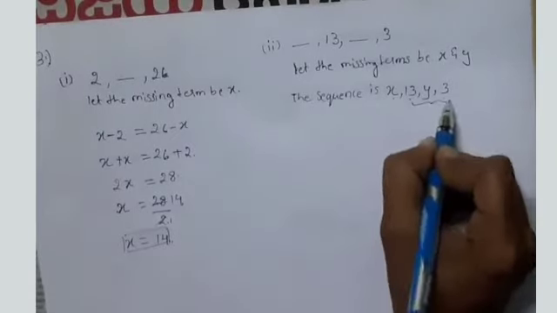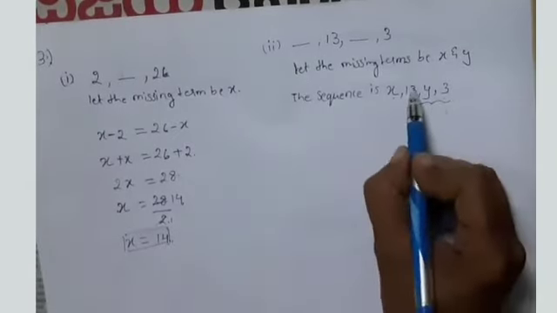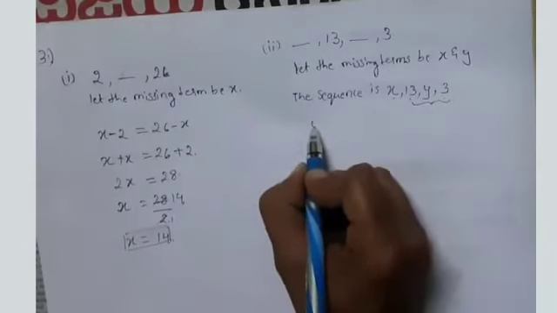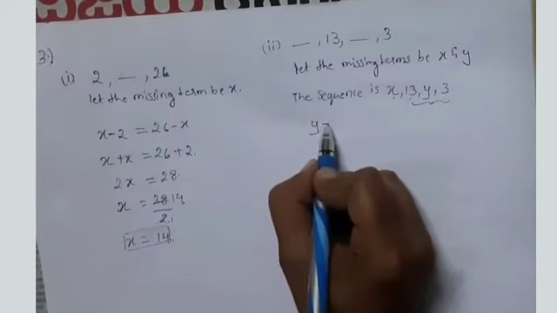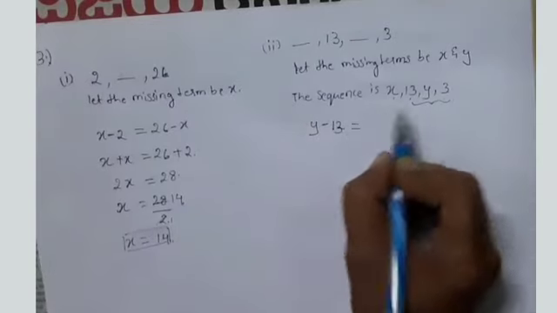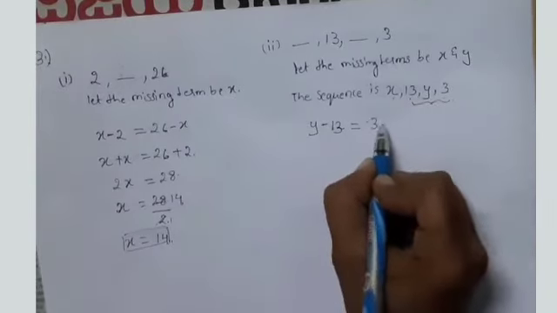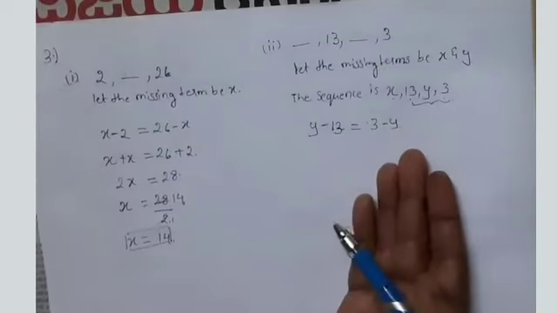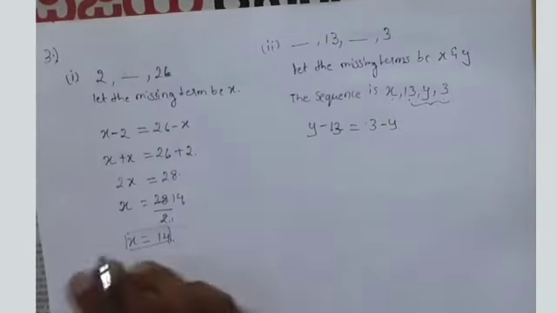So we can take these three terms, that is we can take a2, a3 and a4. So a2, a3, a4 if we take, a3 minus a2 should be equal to a4 minus a3. So if these two are equal, so when we equate these two, then the constant should be same if it is an AP.